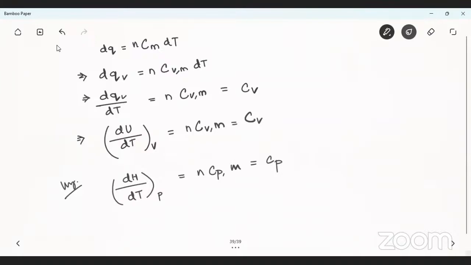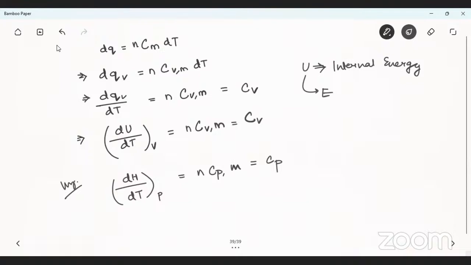U is the internal energy; in some books, instead of U they write E, but U or E are the same thing. The derivation may come in your boards, but the conclusion is important for NEET: dU by dT at constant volume is CV, and dH by dT at constant pressure is CP.